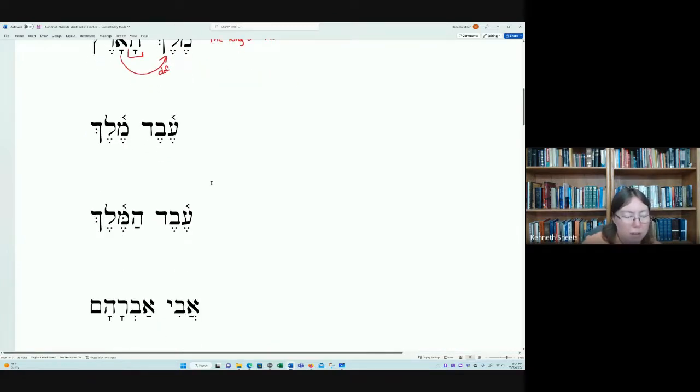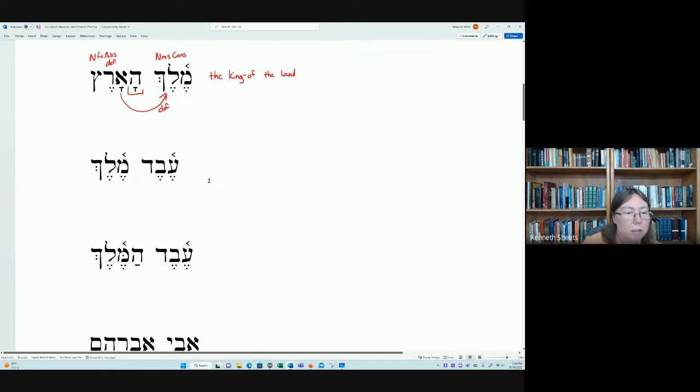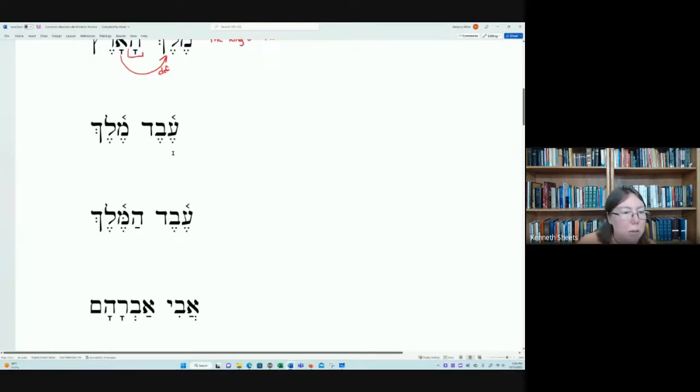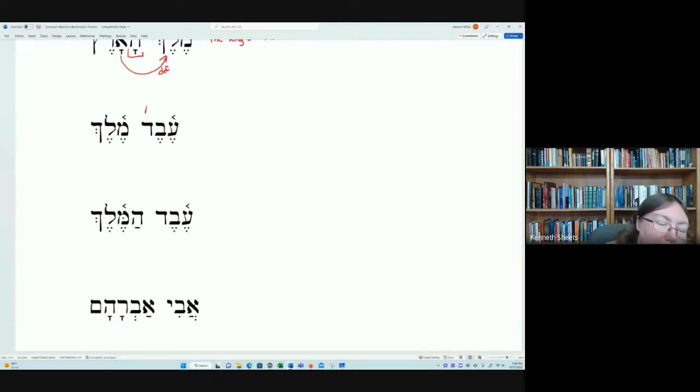And so we have eved melek as well. Eved is the word for servant, melek, king here. So eved is a noun, masculine singular, construct as well. It's followed by another noun, so I know that it's going to be construct. And melek is a noun, masculine singular. It's not followed by another noun, so it's going to be absolute.